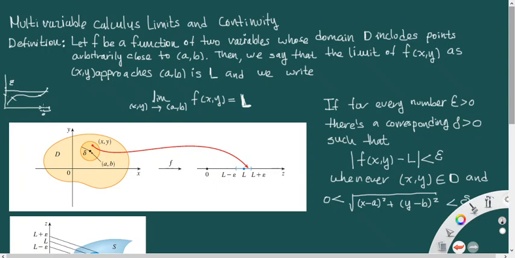Here is the same, but we are not working anymore in a line. Now we have a region, and that's the reason why I'm including this picture here to show you that now this is the x and y.